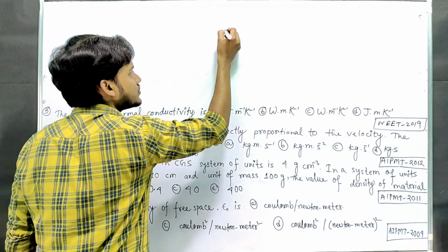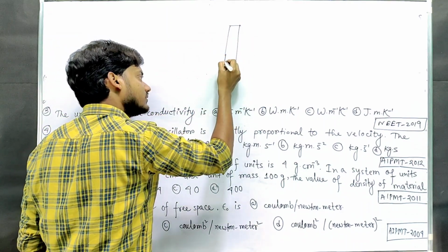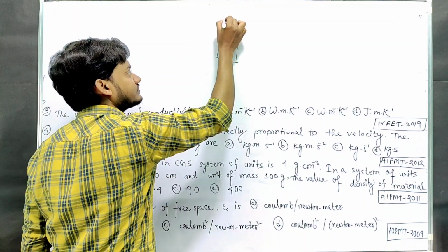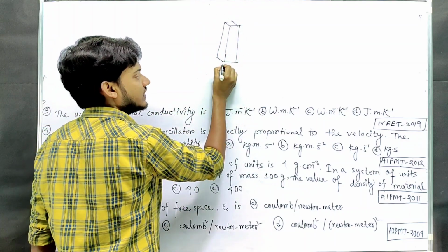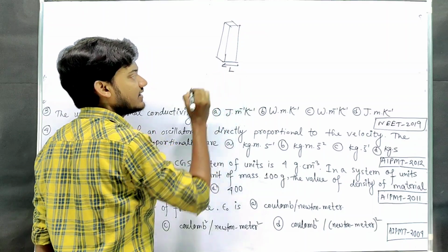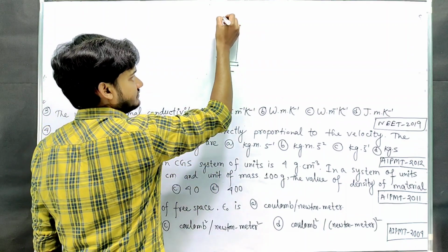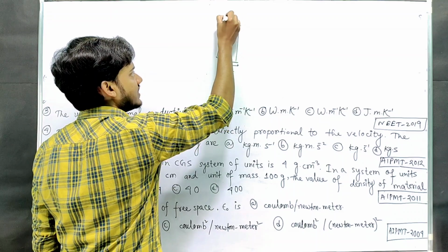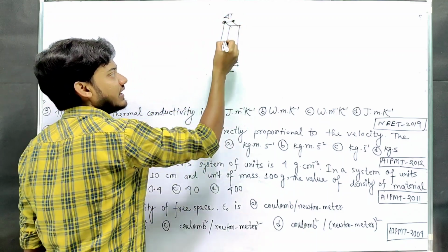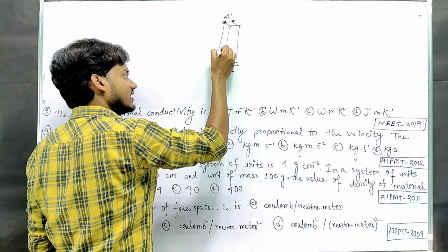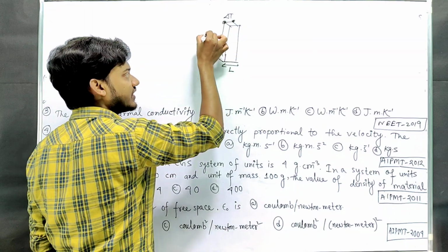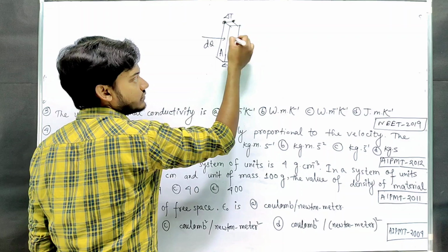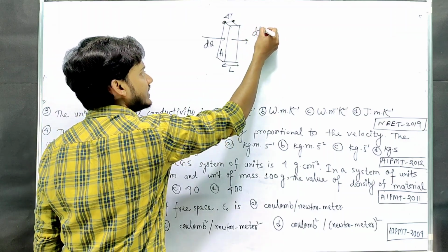We know, suppose this is a metal block, width is L, temperature difference between these two sides is delta T. The area of the block on both sides is A. dQ amount of heat is passing from this side to the other side in time dt.